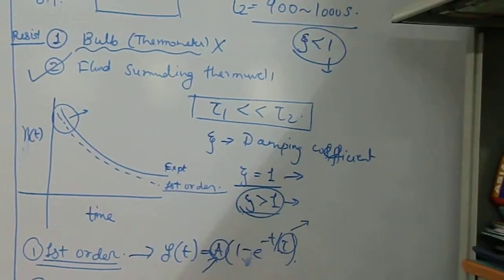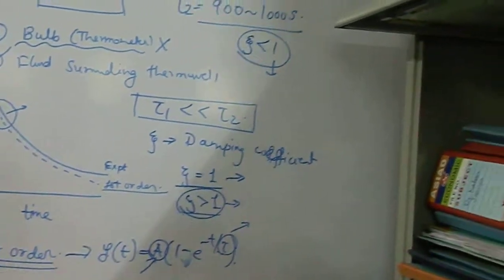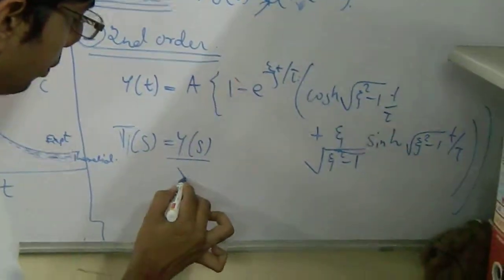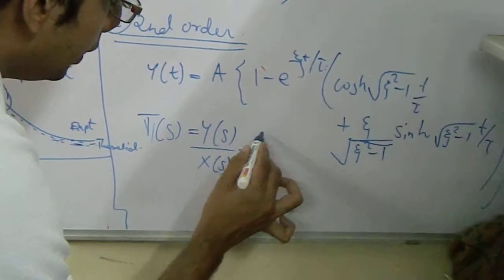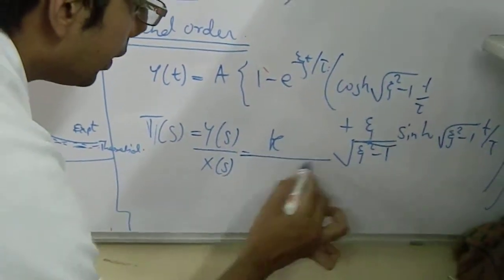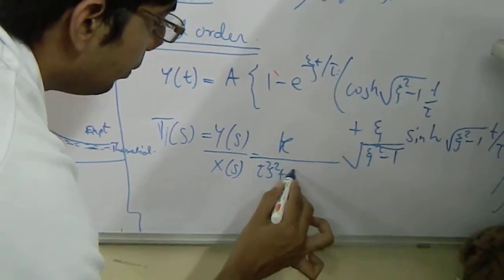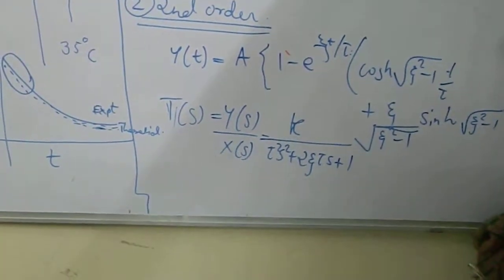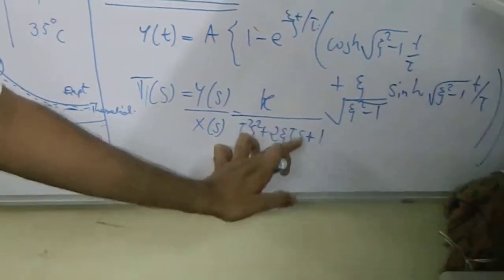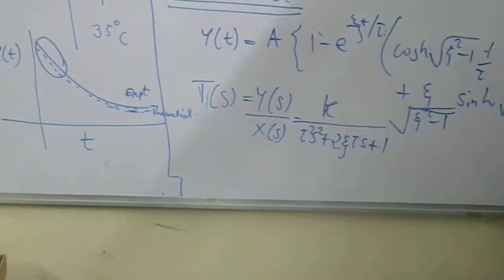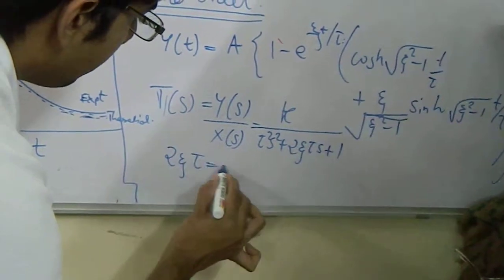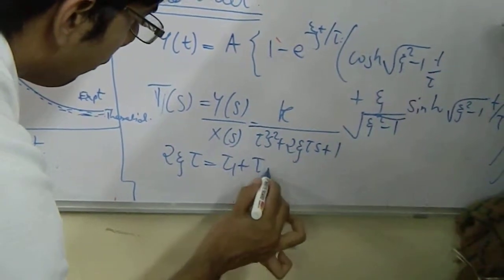So for our system, the system equation looks like this. The basic transfer function, which I denoted as T of S, the response upon the input, is nothing but K upon tau square S square plus 2 xi tau S plus 1. If you compare it with our system, you will realize that 2 xi tau is nothing but tau 1 plus tau 2.